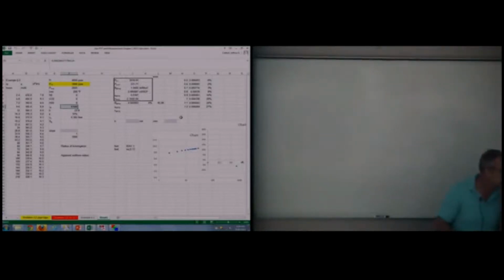Now, one of the things that we want to do is see what the CG is, the gas compressibility.